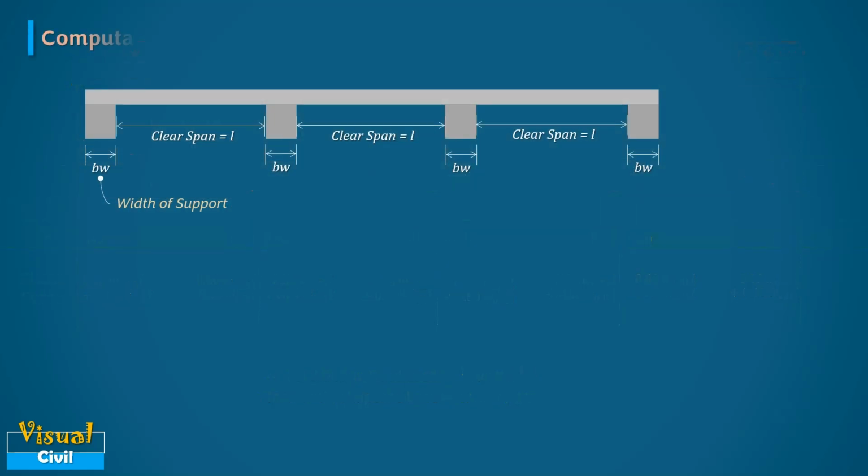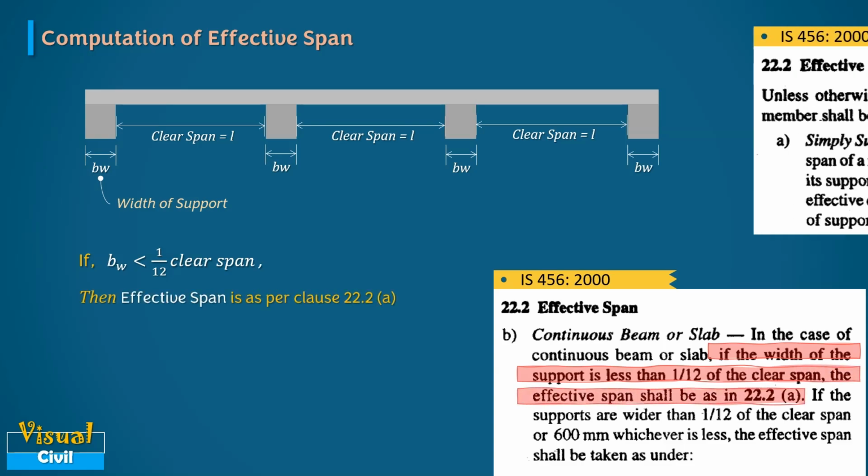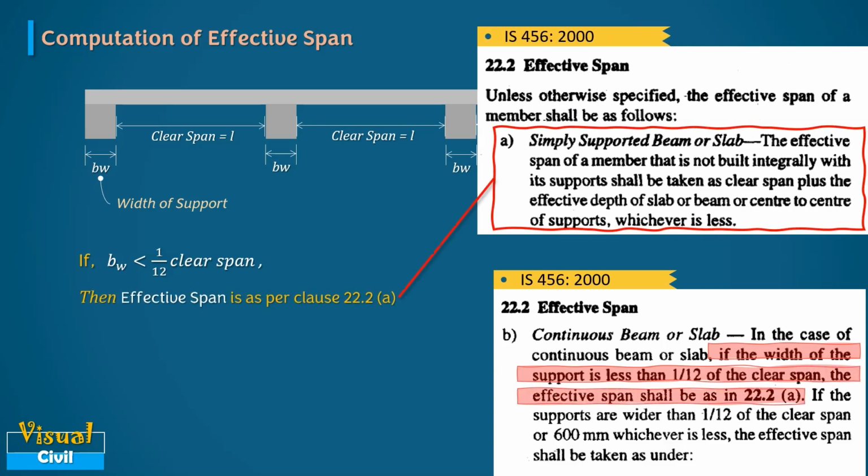Now, let us try to understand the computation of effective span. For continuous spans, the effective span depends on the relative width of support as per clause 22.2b. If the width of the support is less than 1/12 of the clear span, then effective span shall be computed as per clause 22.2a.